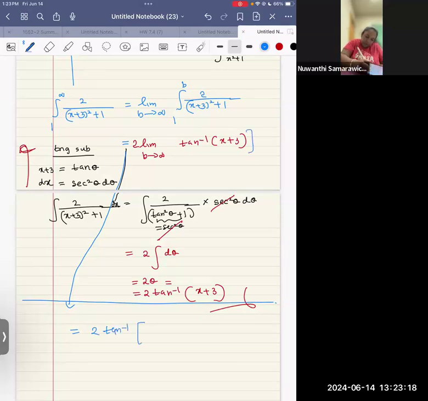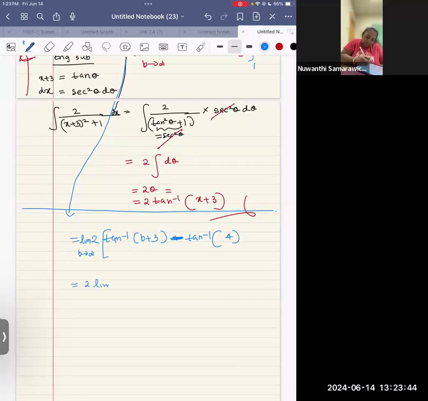When you substitute 1 to b, this is equal to tangent inverse of (b plus 3) minus tan inverse of 4.